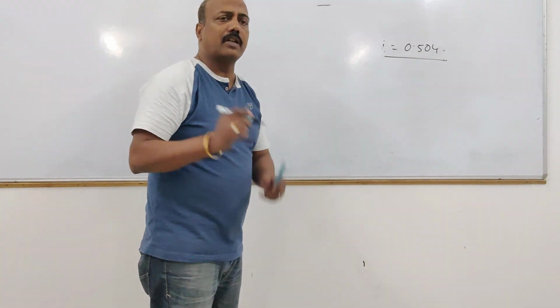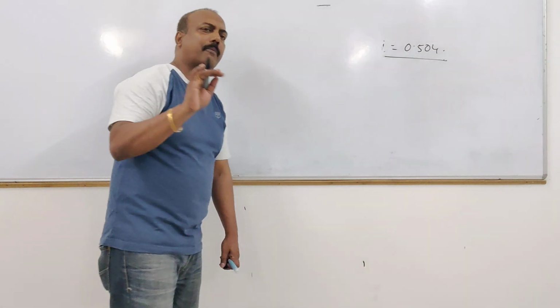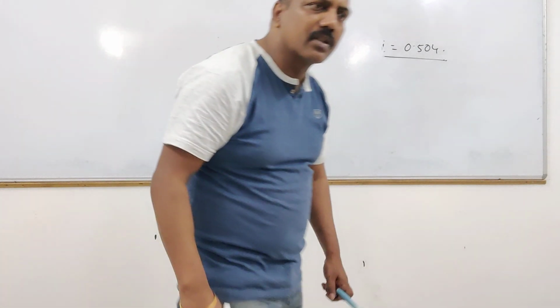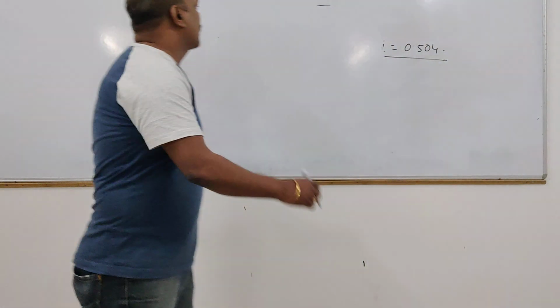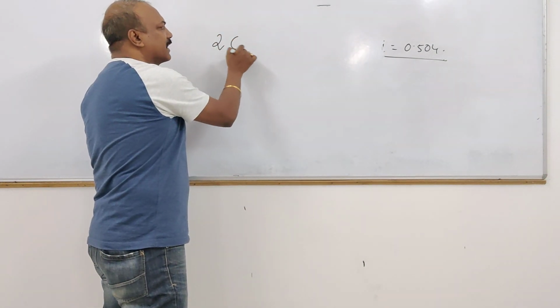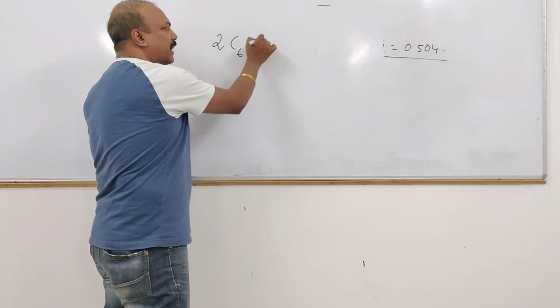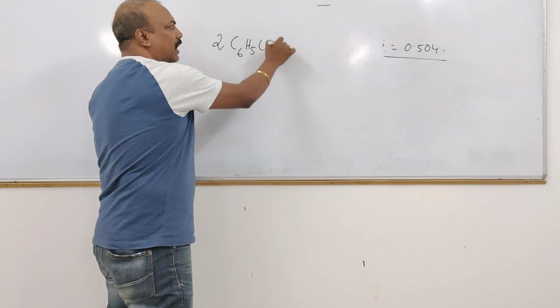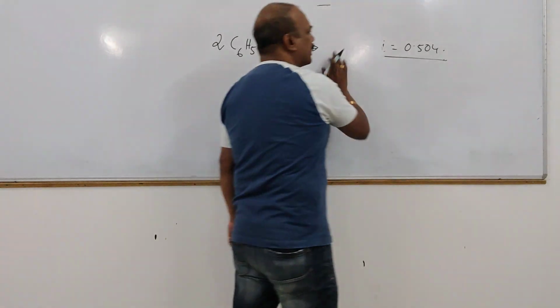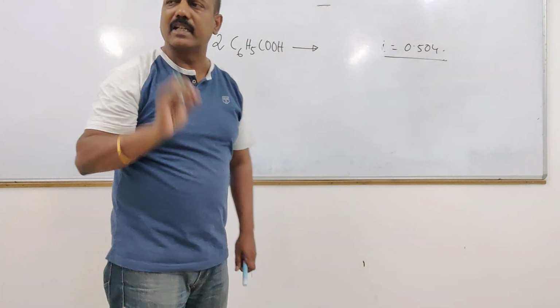First we are going to write what is going to happen. What is going to happen is dimerizing, right? Dimerizing means 2 molecules of C6H5COOH undergo dimerization and become one particle.